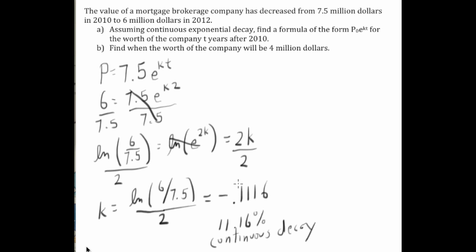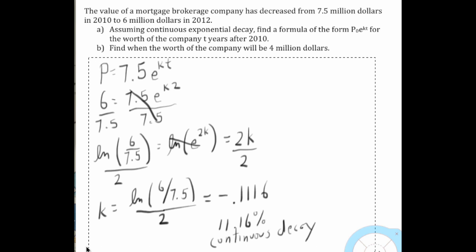Okay, keeping that in mind, now we can attack the second part of the problem. We want to find when the worth of the company is going to be that $4 million.